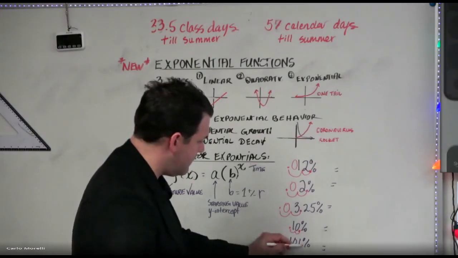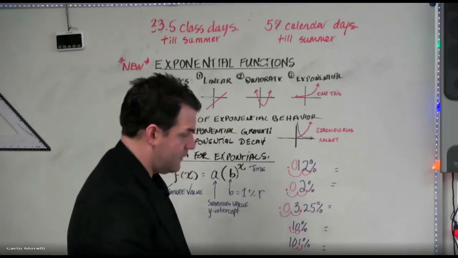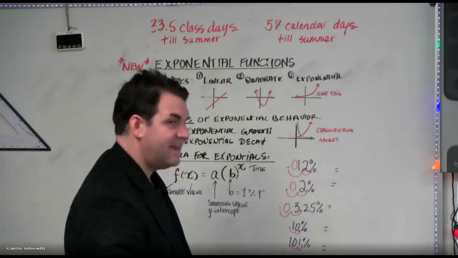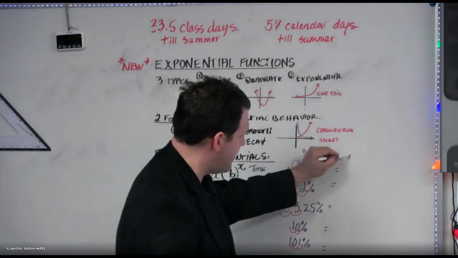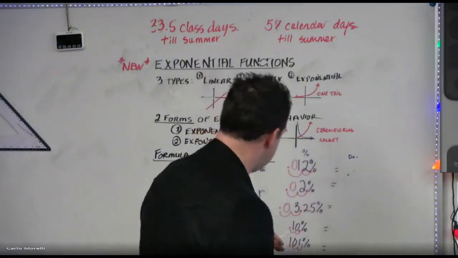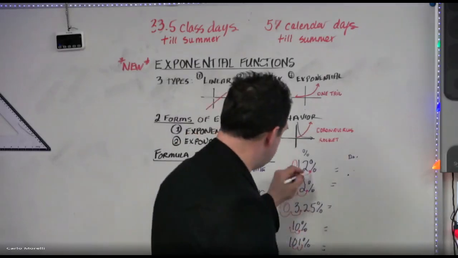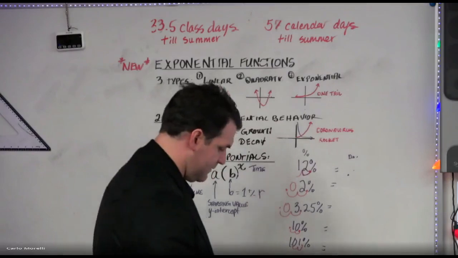And then here, look at this one. You move it over 2 places and you're still in the number. So as a decimal, so this is percent and this is decimal. This one is done wrong. I don't even know what I was doing.